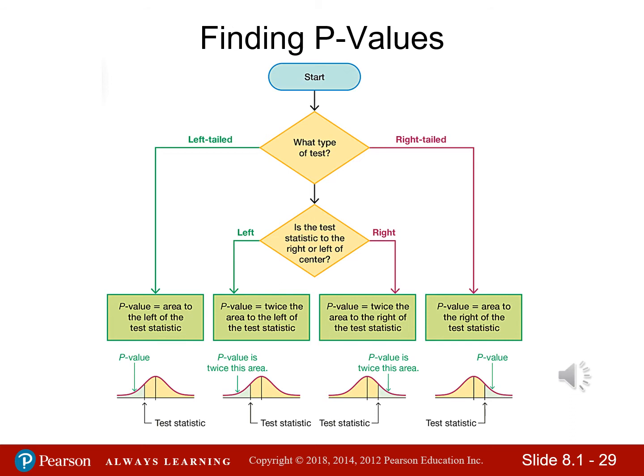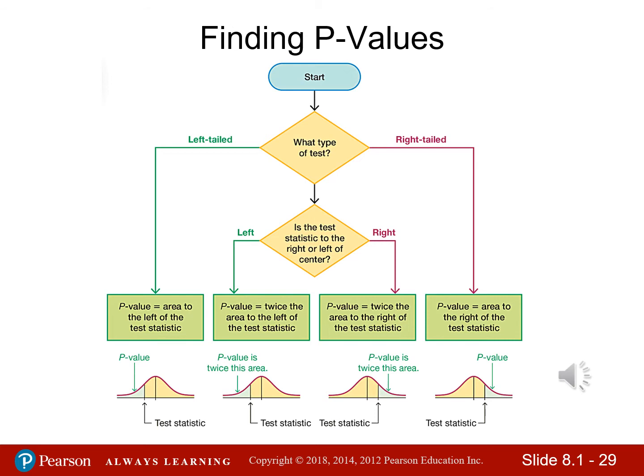If we have a left-tailed test and the critical region is in the region to the left of the tail, then the p-value is equal to the area to the left of the negative test statistic. If we have a right-tailed test and the critical region is in the region of the right tail, then the p-value is equal to the area to the right of the positive test statistic.